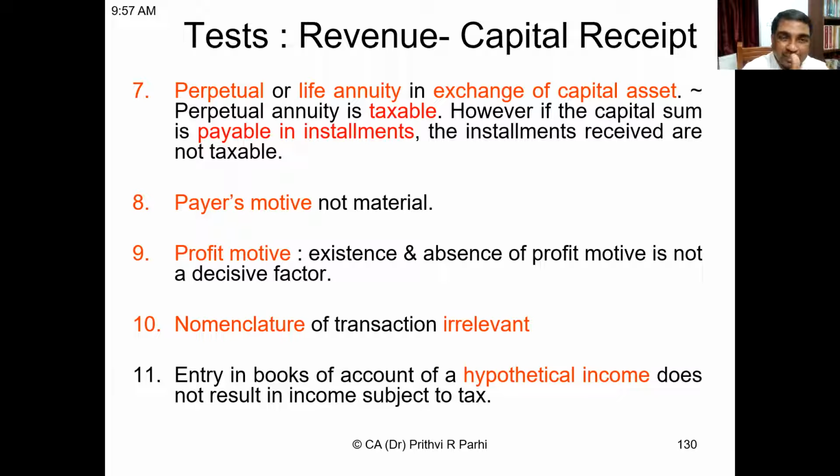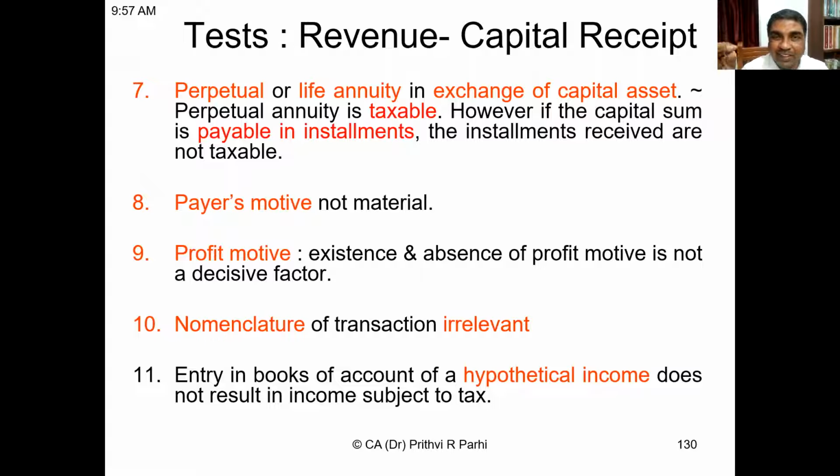Since a capital asset is sold, it's a capital receipt. But earlier, it was not a sale. Rather, a capital asset was converted into an annuity. Therefore it is a revenue receipt. Now, friends, as students of law, you would like to appreciate that in different situations, different arguments are possible by interpreting the facts and circumstances of the case.